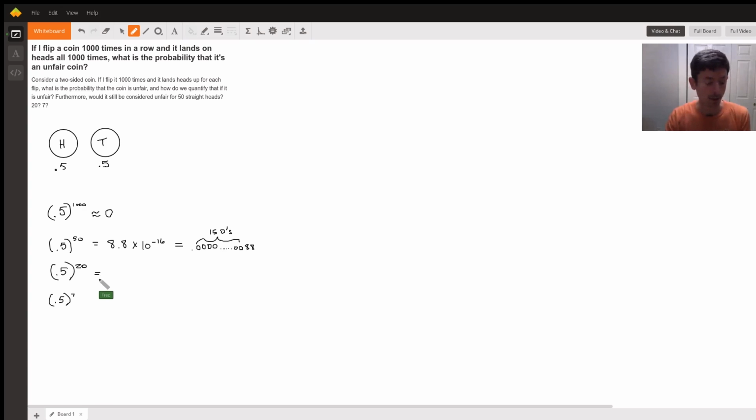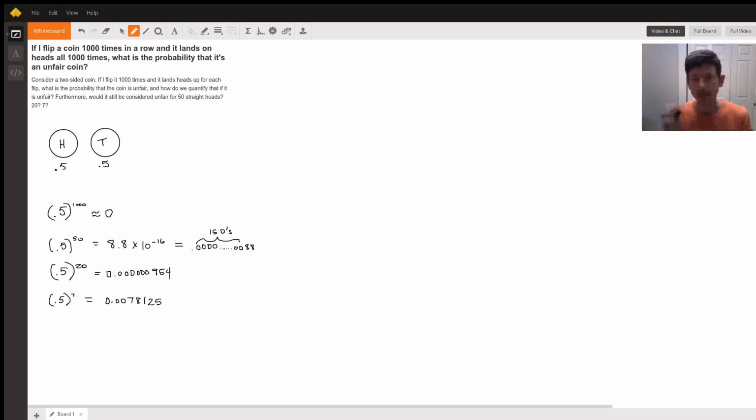Once we take 20 times over, then we're seeing a probability of 0.000000954. And if we take 7 trials turning out as heads, we see probability 0.0078125.